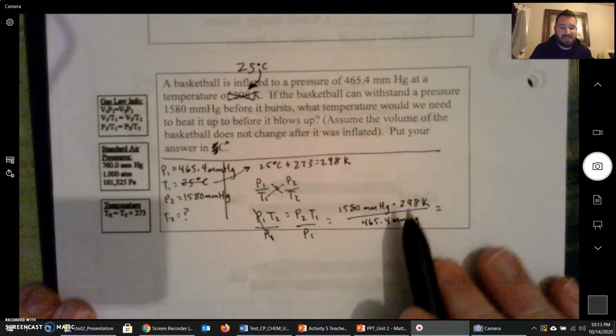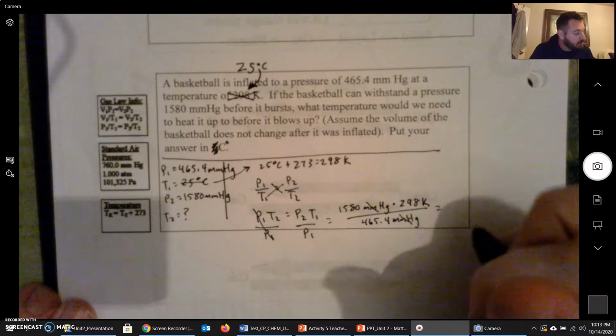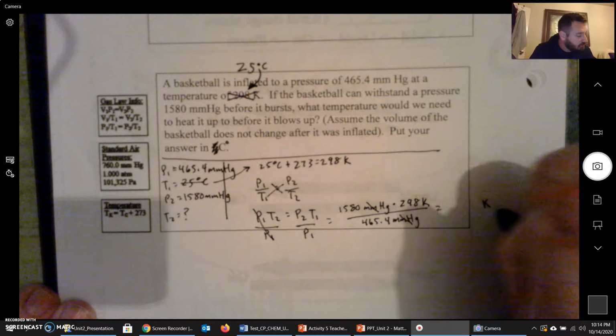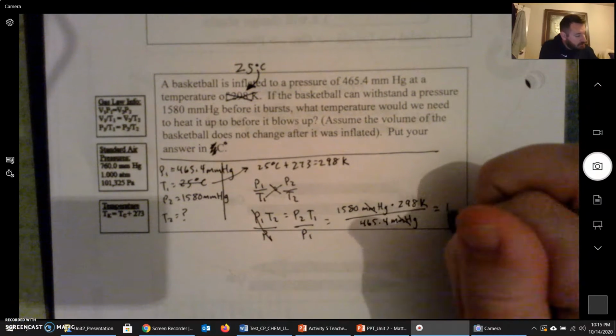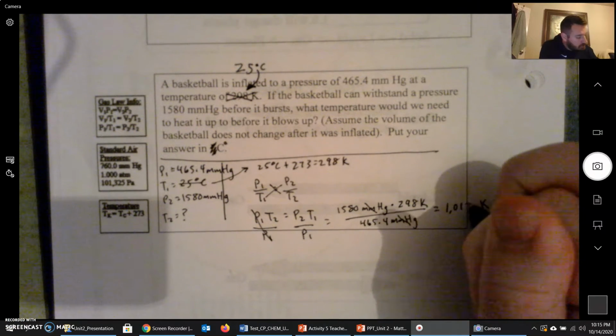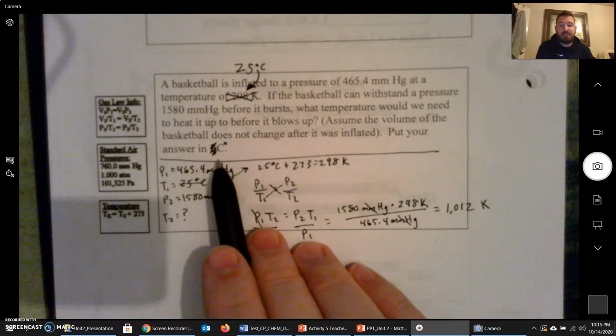Ta-da! Magic. In this instance, our units of mmHg will cancel out, giving me just units of Kelvin. When I type this into my calculator, I should get 1,012 Kelvin. Now we are not done because we wanted our answer in Celsius.